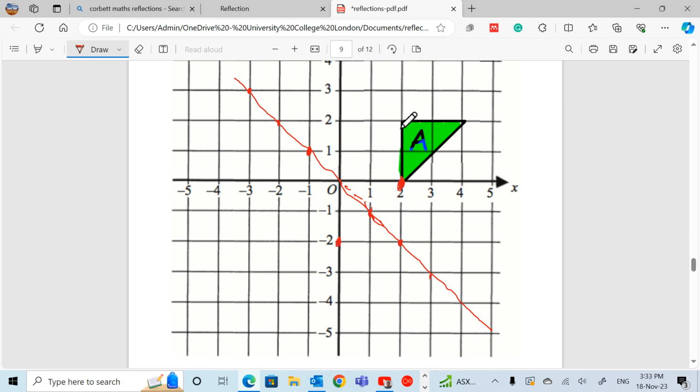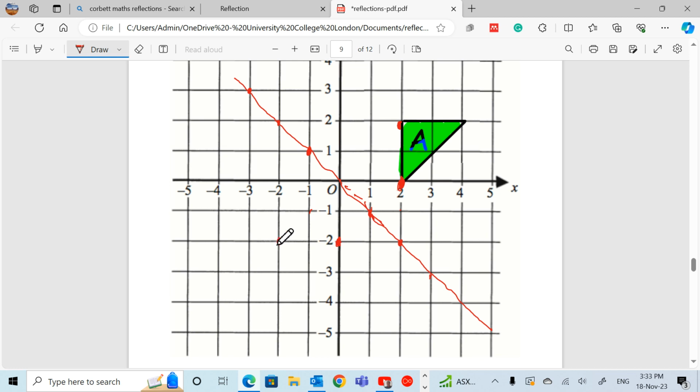And what about this point here? Well, it's 1, 2, 3 squares, 1, 2, 3, 4 squares down, or if I go diagonally across, which I prefer, I go 1, 2, and I can go 1 and 2, which means that the new point is here.